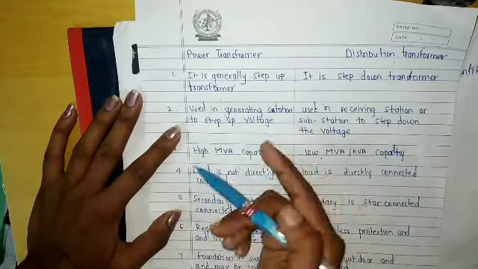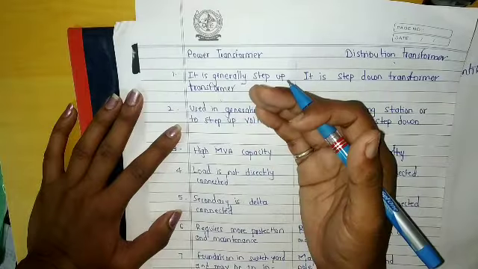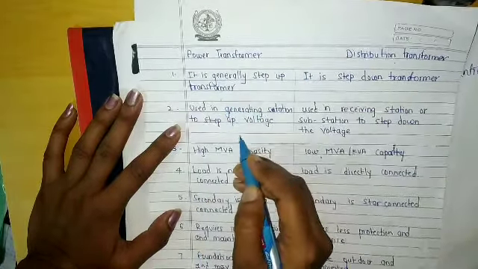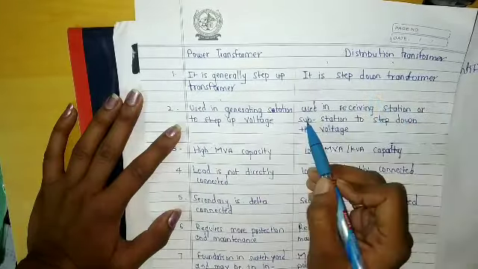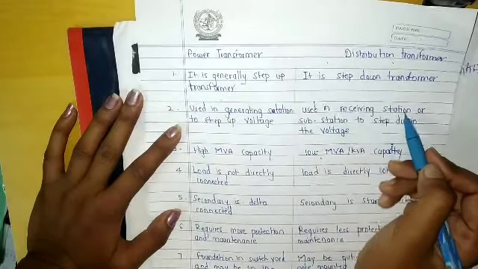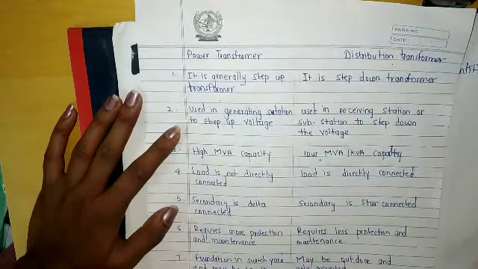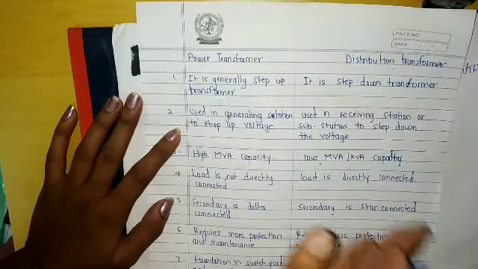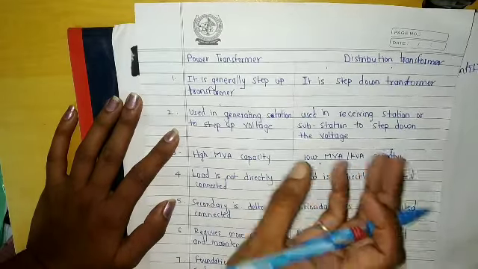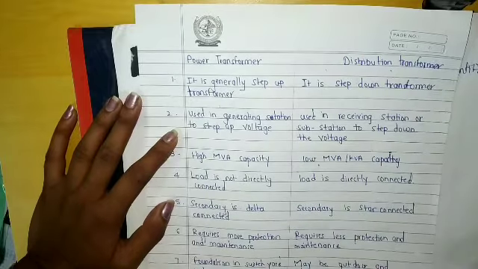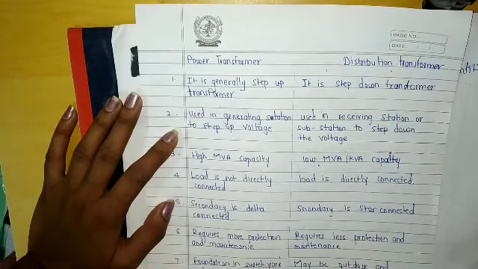As we saw there, after generating electricity we have to step up. So the power transformer is used in generating stations, and distribution transformer is used in receiving stations or substations to step down the voltage. Wherever the consumers are, there is a receiving station, and there we use the distribution transformer to step down the voltage.